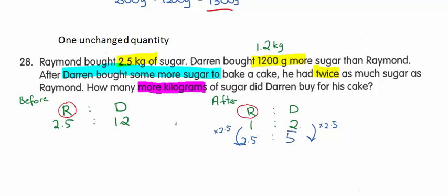So Raymond is the same before and after. Darren is the one that changes. From 1.2 he went up to 5. So what is the amount that he bought? Let's find the difference. 5 kg minus 1.2 kg, and that will give me 1.3.